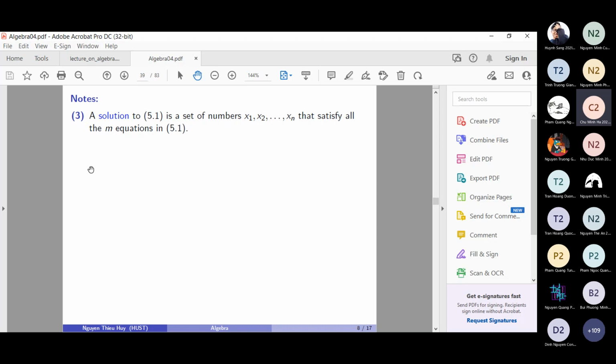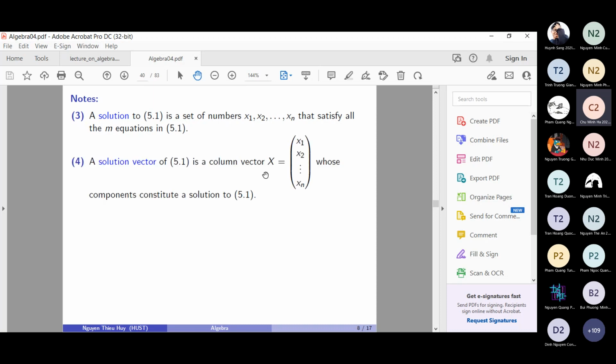Then we call it a solution. And if we arrange the solution in a column, then we obtain the solution vector. So the solution vector of 5.1 is this column x from x1, x2, to xn, whose components constitute a solution to this 5.1.